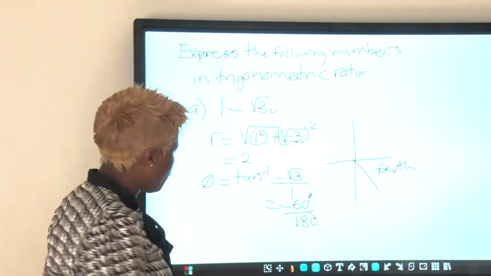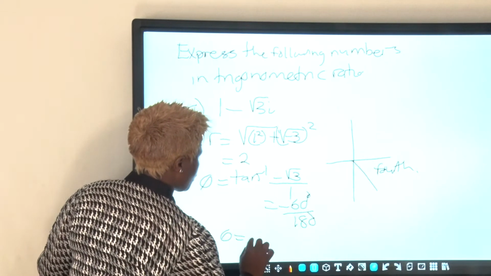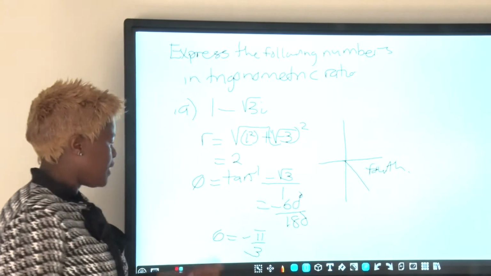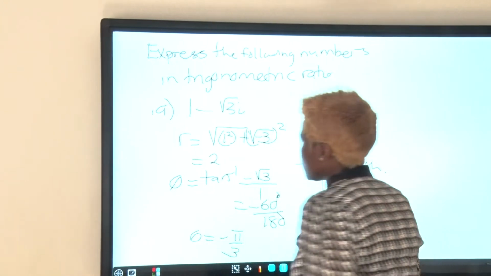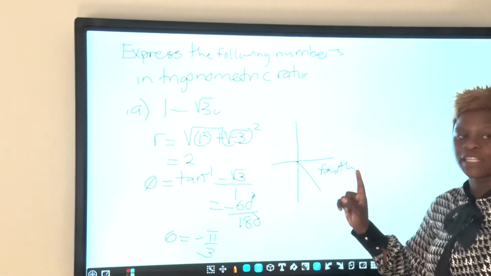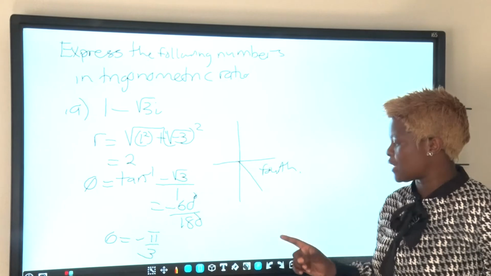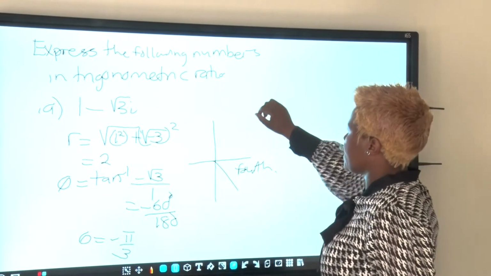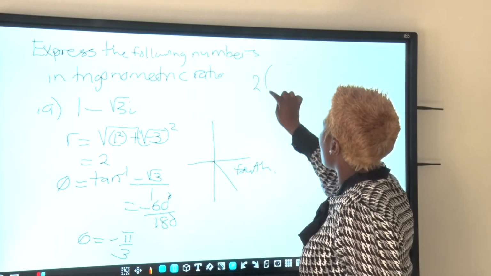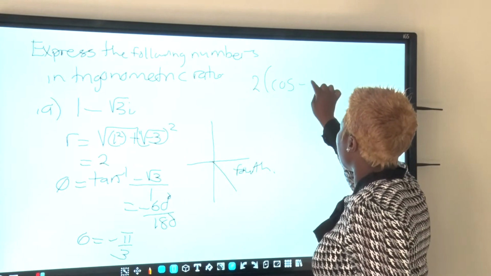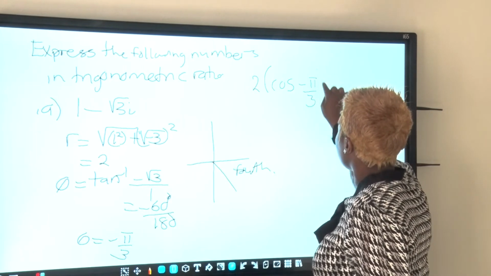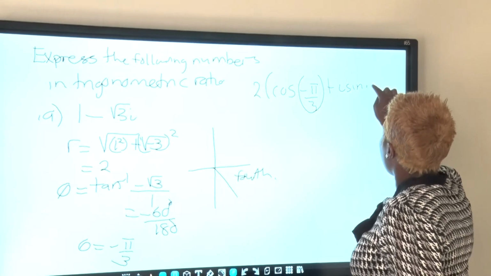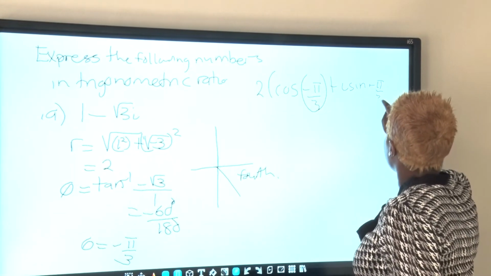And our answer will be theta is equal to minus pi over 3. Then, when we are done, we substitute the value of r is equal to 2 and the value of theta is equal to minus pi over 3 into our trigonometrical form. And this becomes 2 cos of minus pi over 3 plus i sine of minus pi over 3.